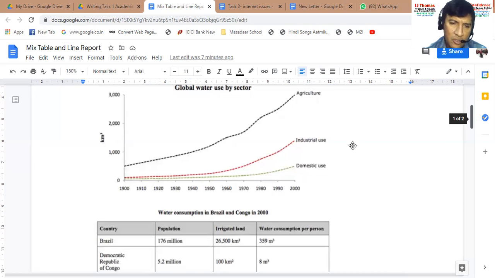You can also say that agriculture use was below 1000 till 1950, and after this the growth tripled to finish at 3000.